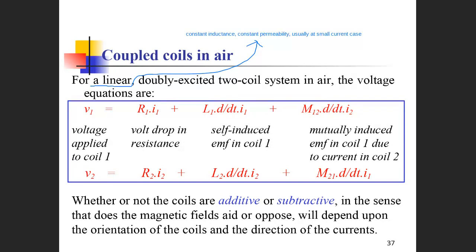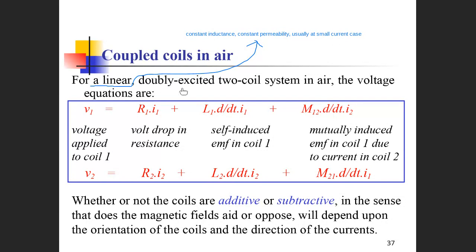For a linear double excited coil system in the air, the constant inductance means constant in the air because the air permeability is a constant. So linear means constant inductance, constant permeability, usually in small current cases. For the magnetic materials, it is a linear circuit.